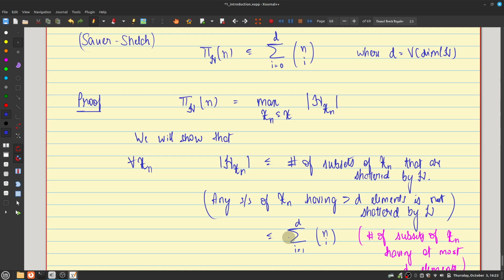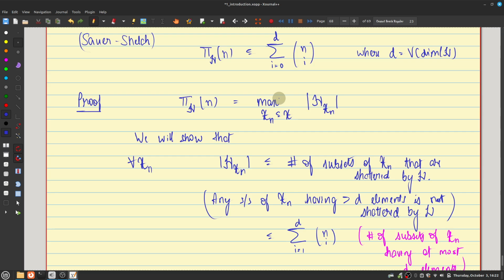So even if there exists one for each of the dimensions, we still keep checking the next. The growth function looks at the largest restriction, right? Even if there is one subset which is shattered by h, then the growth function for that particular n is 2 to the power n.